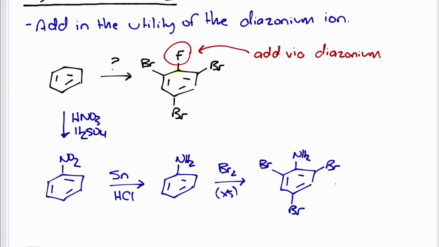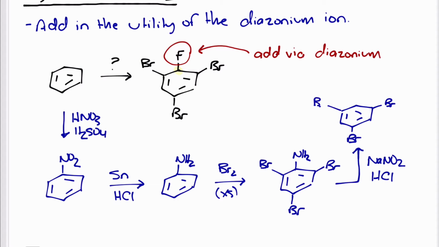So first, let's convert the NH2 to a diazonium ion. We need NaNO2 and acid. HCl is a good choice. We still have our 3 bromines, but the NH2 is now this diazonium ion.